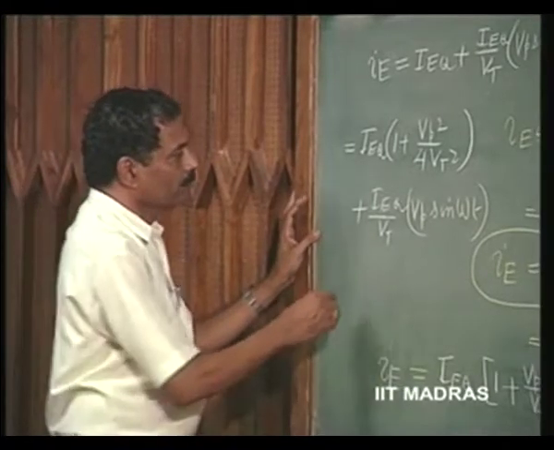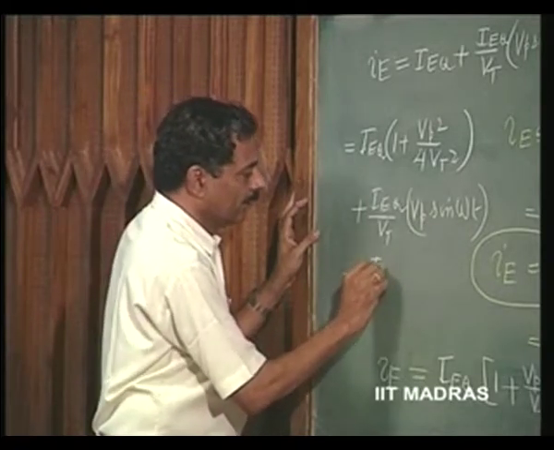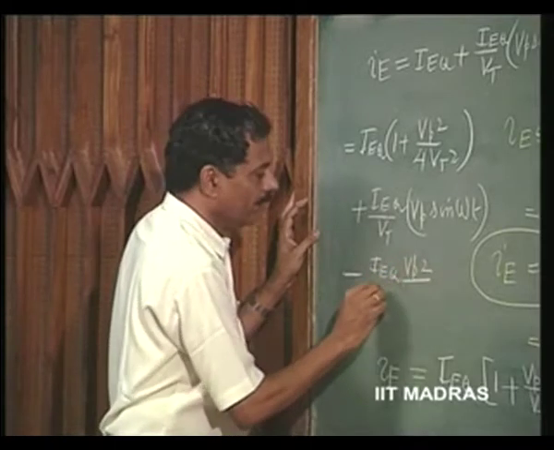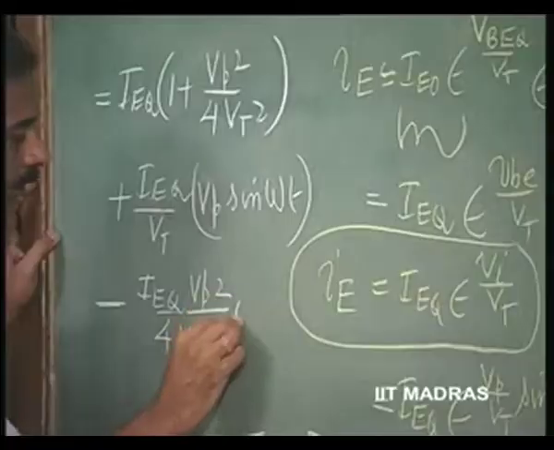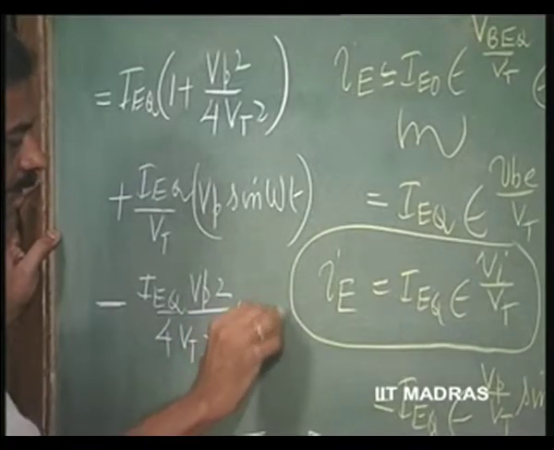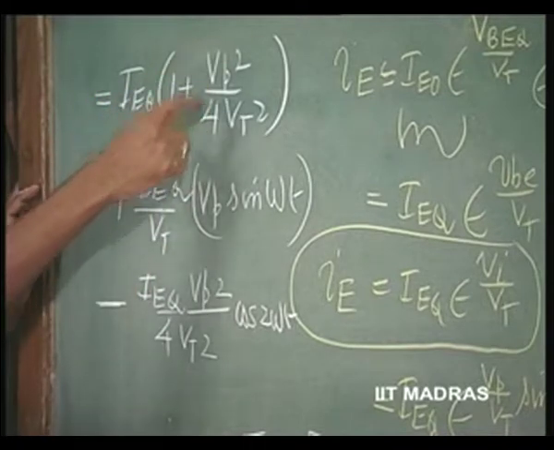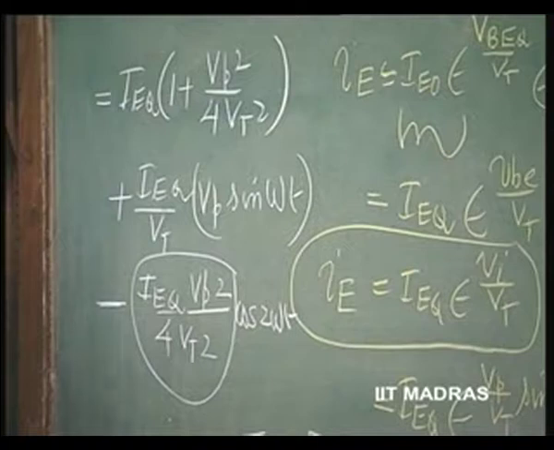Now, apart from this, we have minus IEQ Vp squared by 4 Vt squared cos 2 omega t. Measuring this IEQ Vp squared by 4 Vt squared is going to give you the peak value of the second harmonic.